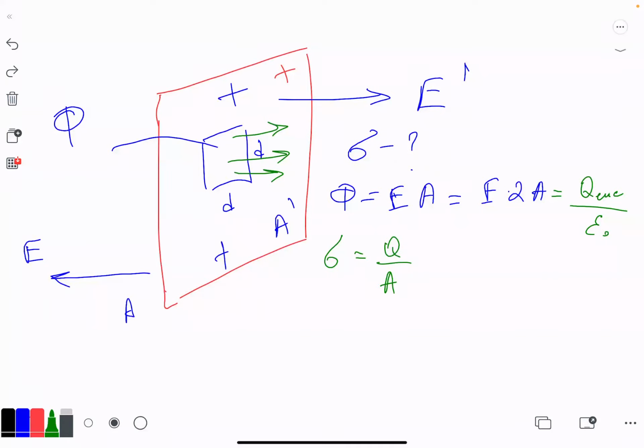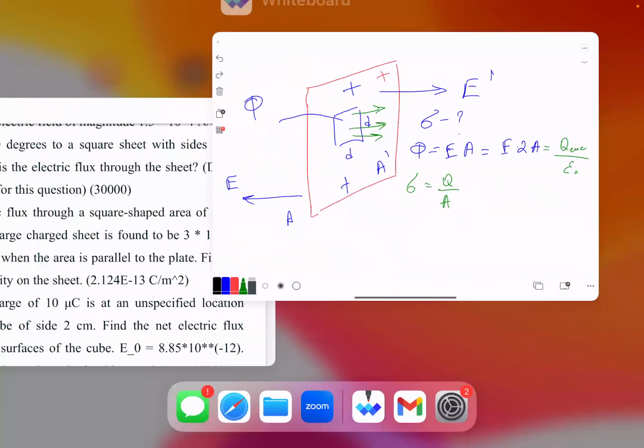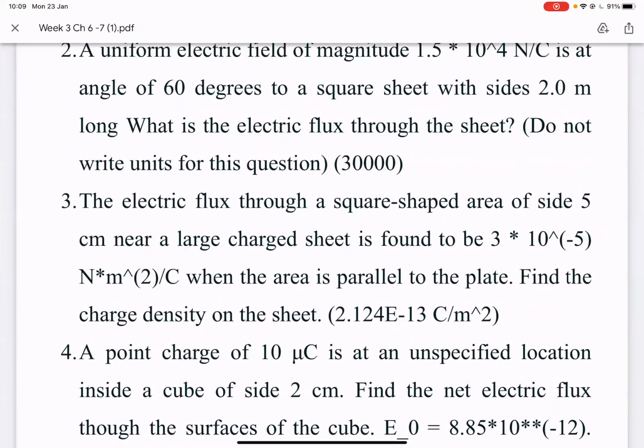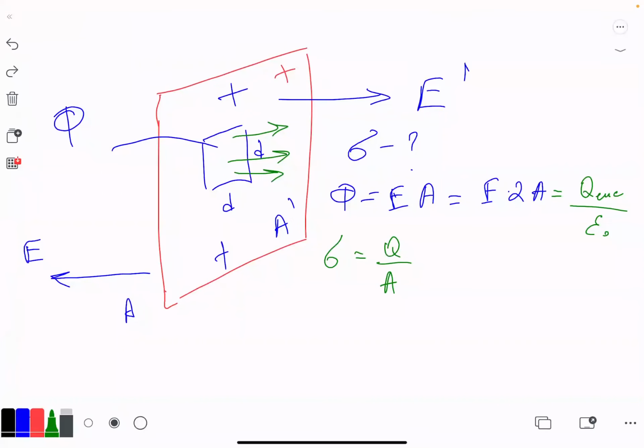Now from here, we can work with this formula to bring it as E times 2 times epsilon naught is equal to Q divided by area.